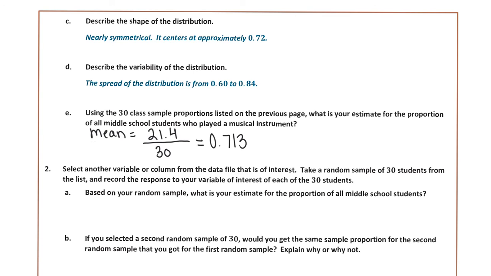And let's go ahead and write the mean of 30 sample proportions is approximately 713 thousandths.